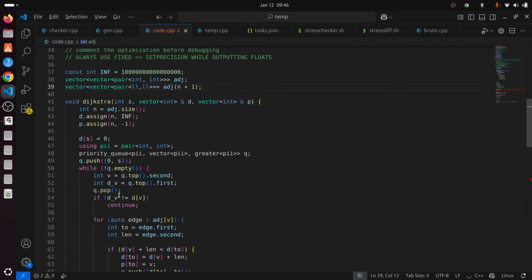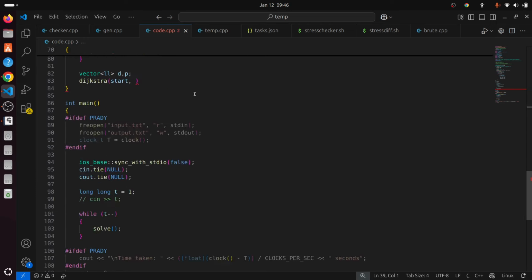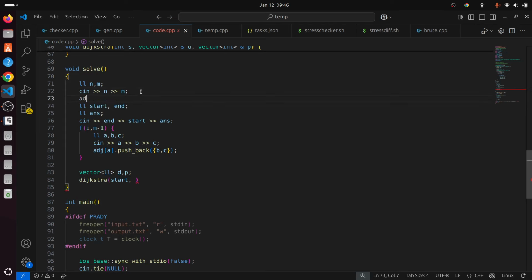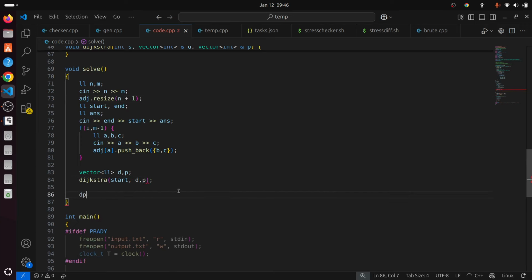This is kind of weird. Okay, they have already defined it. So I will change it. I'll simply do adjacent dot resize n+1. So Dijkstra with start, d, and p. This d of n will contain the answer.